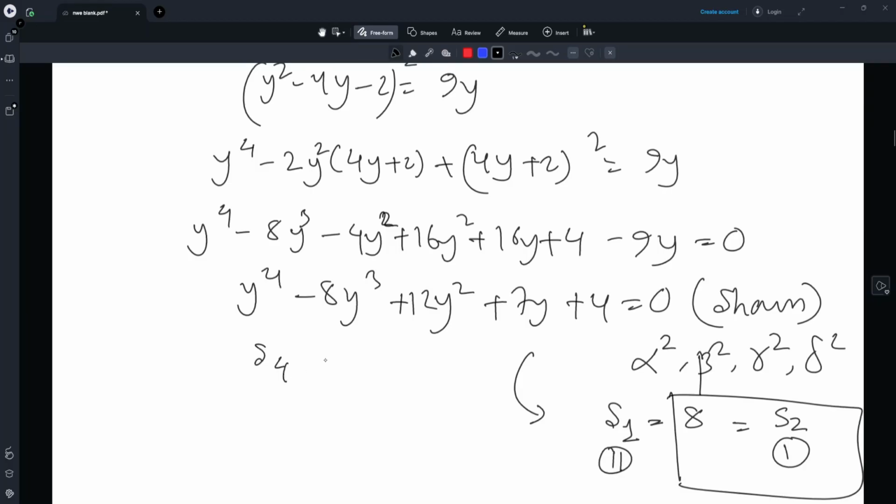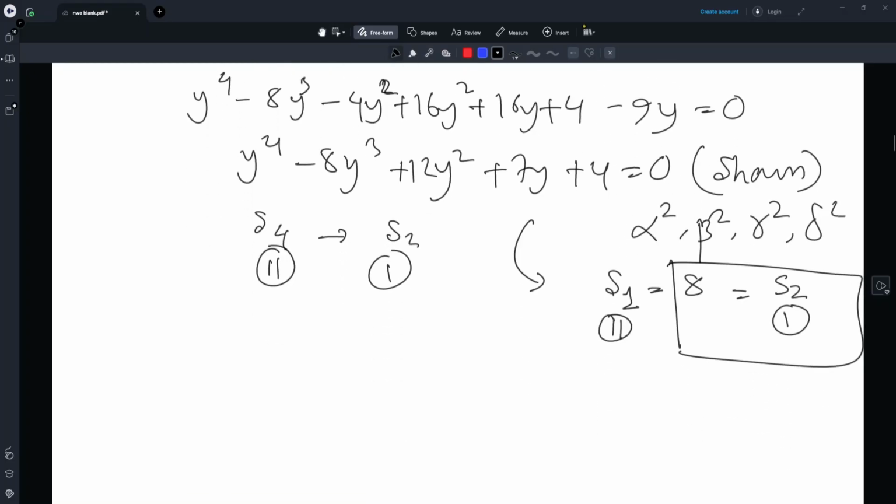So if I have S4 of this thing, then it is exactly the same as S of 1, which means that if I have S4 of this equation, as I know from here, S2 is going to be exactly the same as that thing there. So if I write down S1, S2, S3, S4, I just multiply that by 2 so that I can get S2 there. So I can just write S8 because it's going to be alpha squared, beta squared, gamma squared, delta squared.